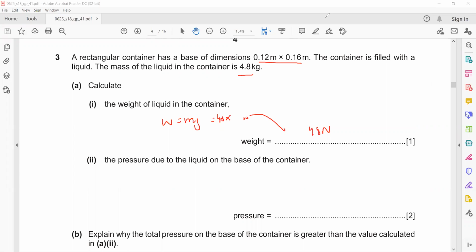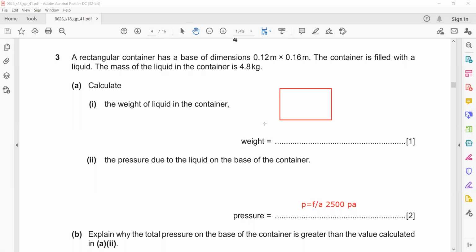Then they're asking for pressure. How to calculate pressure? Pressure is force acting on unit area. So P is equal to F over A. You can also calculate the pressure exerted by the liquid as density, gravity, and depth. But in this question, we don't know the density. They did not provide us the density. That's why we use the first formula. If we know the base area and the weight of the liquid inside, we can work out the pressure.